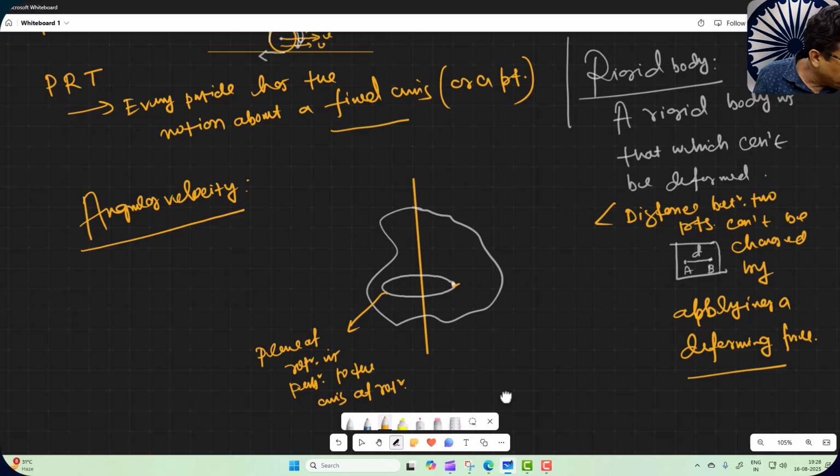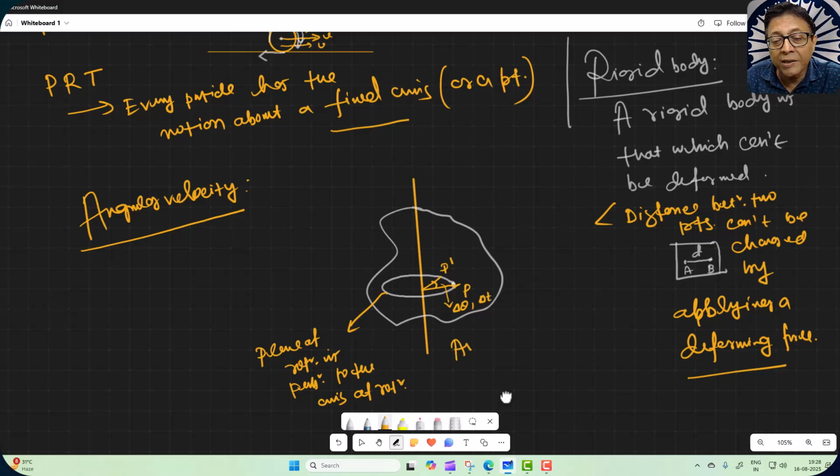Suppose this particle P goes from P to P dash by describing an angle delta theta. This angle be delta theta and time delta t.